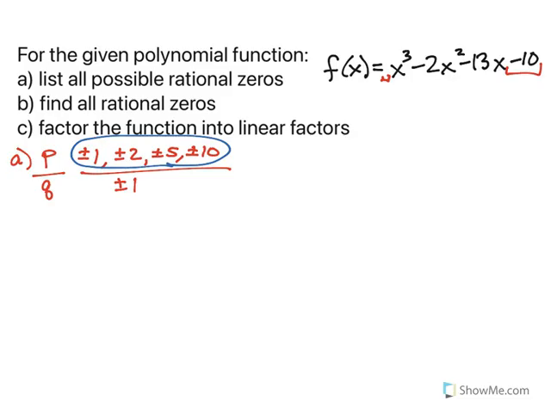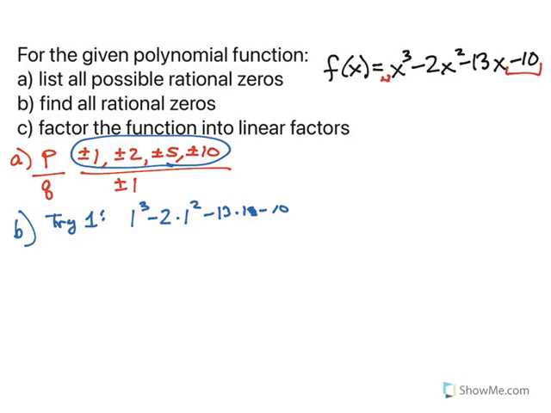So that's part A. Part B, let's find the rational zeros. So we can use the remainder theorem to determine which one of these are going to work. Now, I always start with the easy ones. Well, I think they're the easiest. So I'm going to start with 1. So I'm going to take 1 and substitute in for x. So 1 cubed minus 2 times 1 squared minus 13 times 1 minus 10.